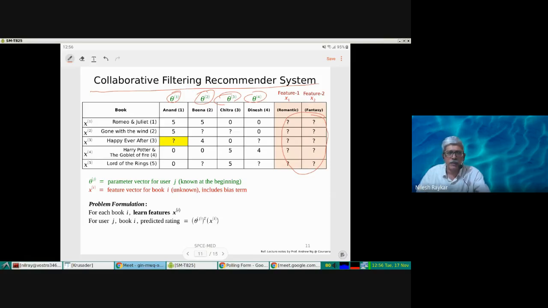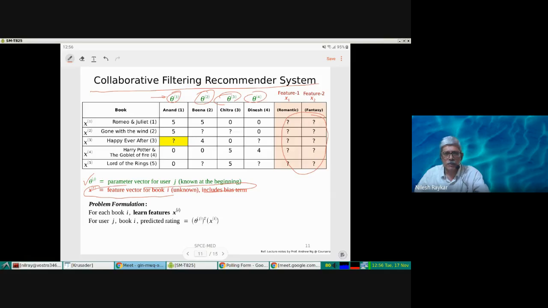But at this stage, to understand how this system works, we'll assume that we have collected through surveys the user interest, or the user parameter vector, is known, and the feature vector for each of the books can be obtained by the process which we defined in the content based recommender.